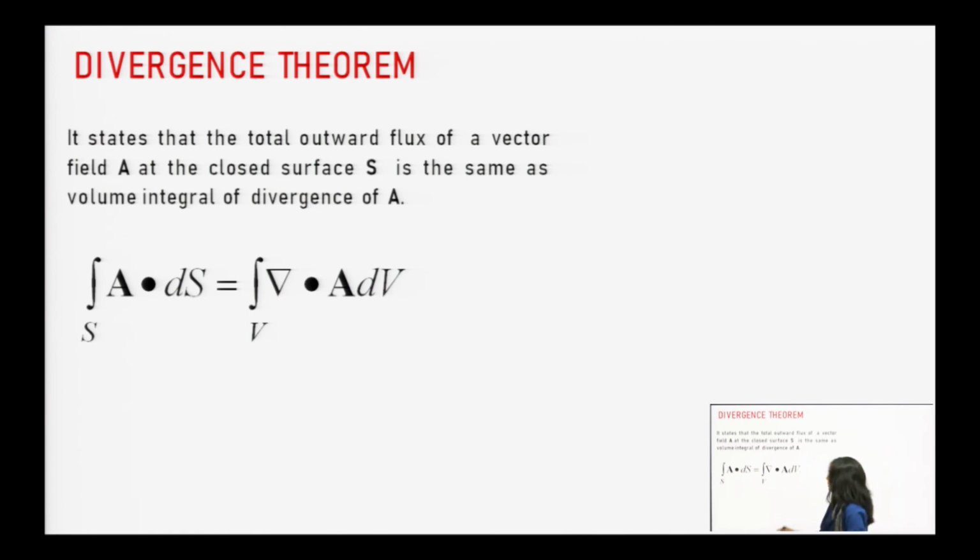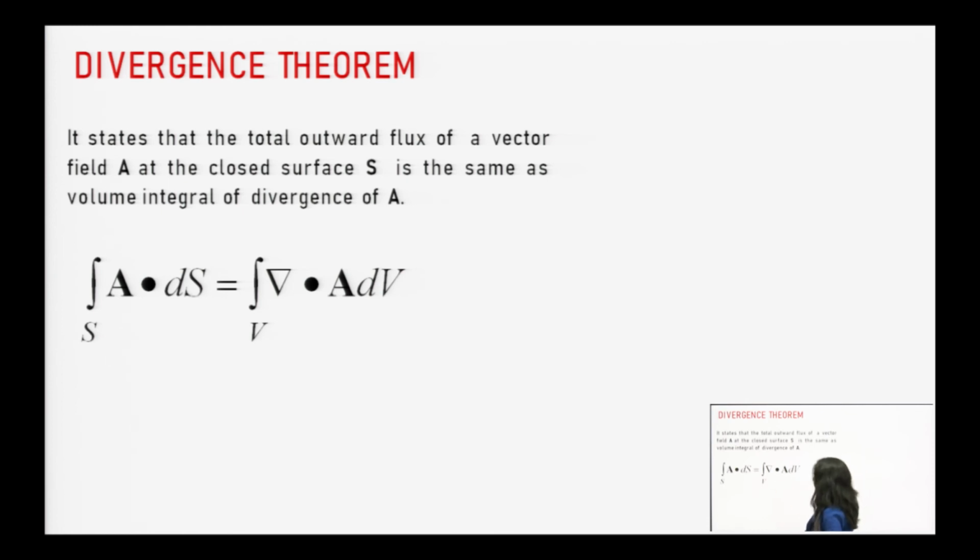However, in volume integration, as volume has length, breadth and height also, we need to perform it three times. And the divergence theorem changes the surface integral into a volume integral.